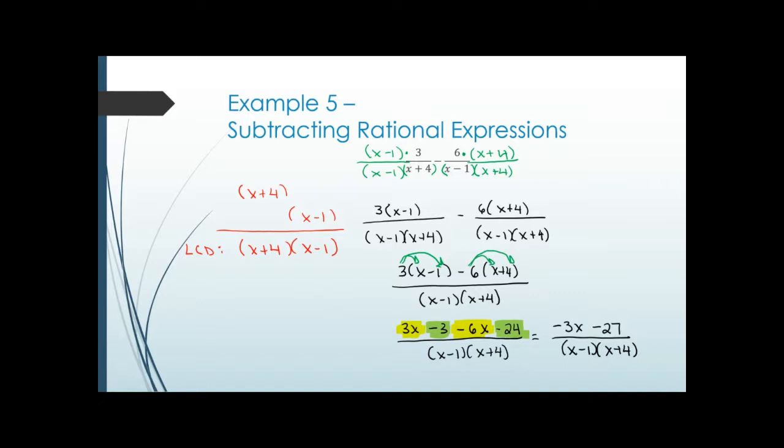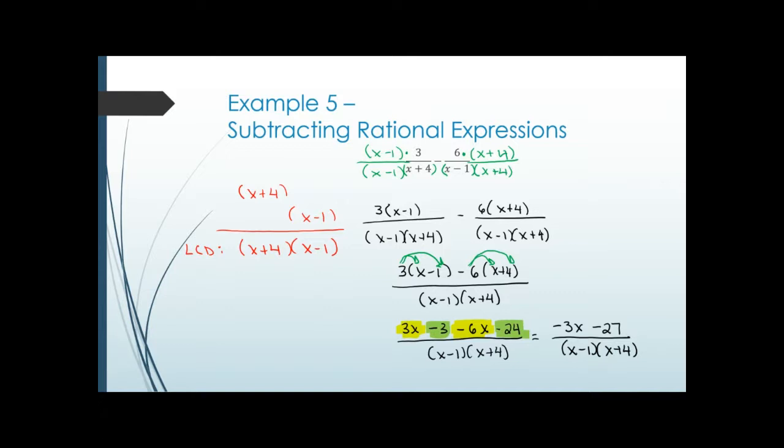So now that we've actually simplified the top, now we want to see if we can cancel things out by factoring. On the top of the fraction, we want to factor out the greatest common factor so that we can see if anything will eventually cancel out. So I have a -3x minus 27. If there's a negative in front, we always factor out a negative.